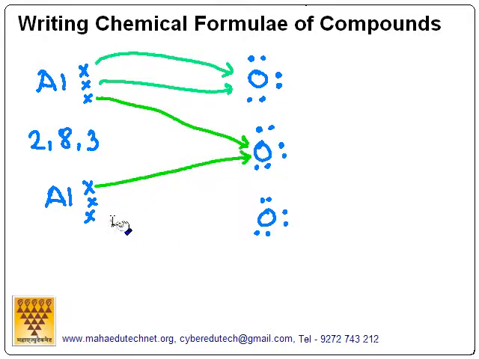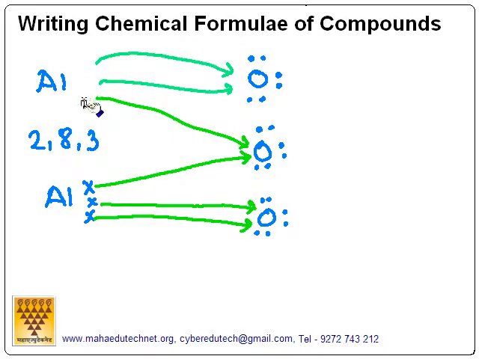This aluminium atom will give its 1 electron here, and the rest of the 2 electrons will be given to the last oxygen atom. Hence each oxygen atom will gain 2 electrons each and attain the stable state.